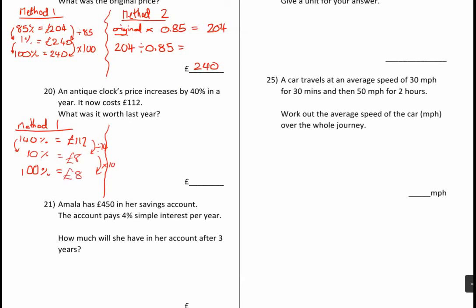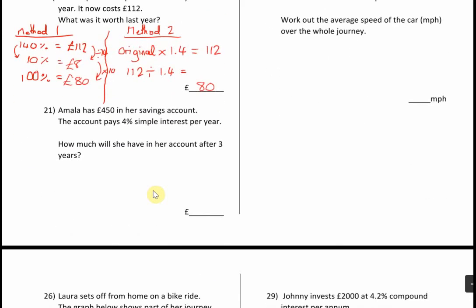So this clock originally cost £80. Method 2, same as above. What would we multiply the original by to increase it by 40%? It would be 1.4. So to do this backwards, we'd do 112 divided by 1.4, and that would give us that as well.